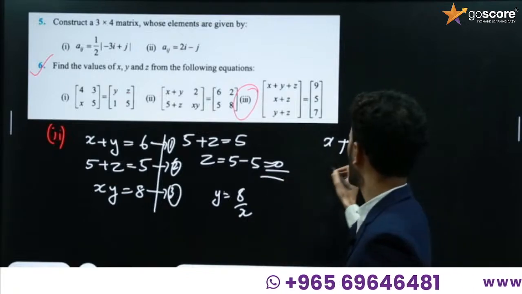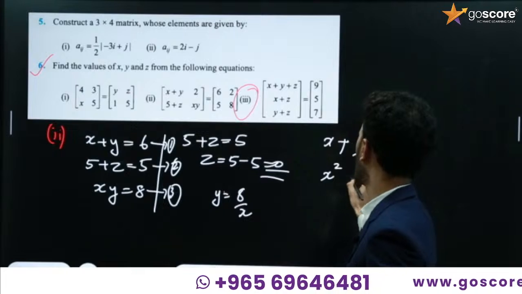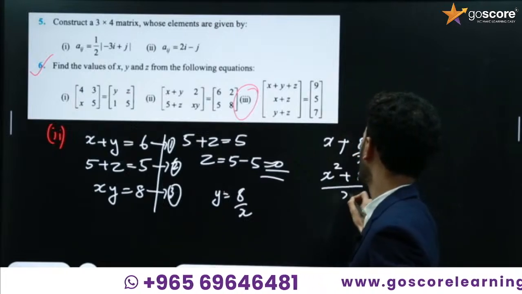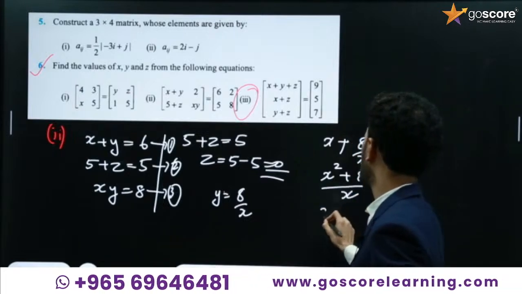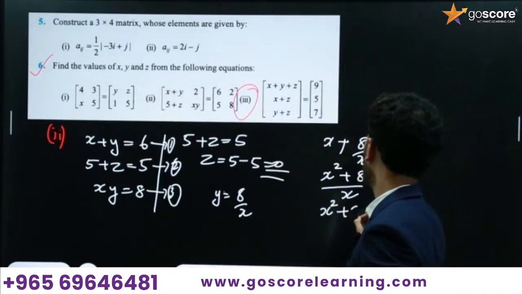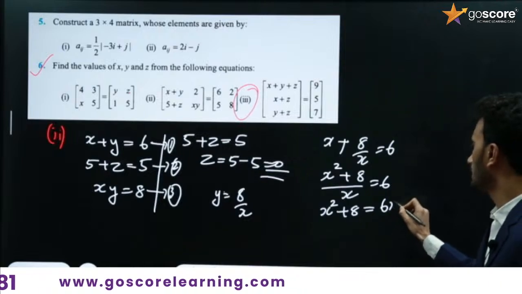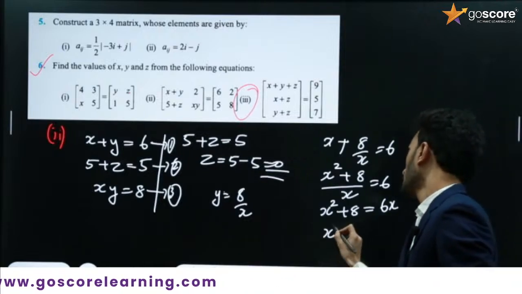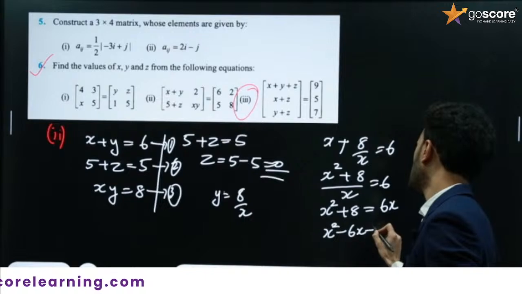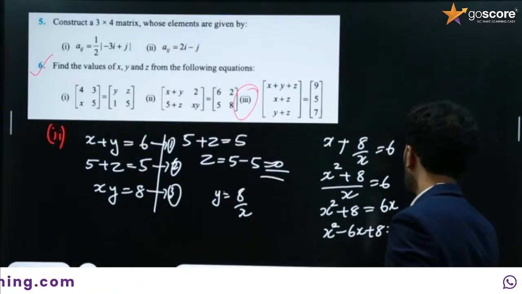Take LCM. So x square plus 8 divided by x is equal to 6. So x square plus 8 is equal to 6x, taking this x to this side as multiplication. So x square minus 6x plus 8 is equal to 0.